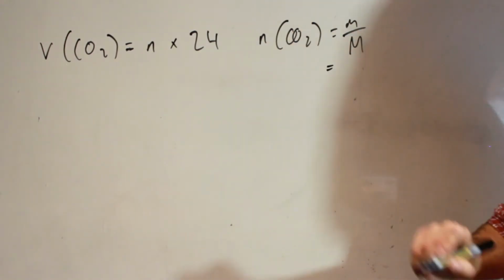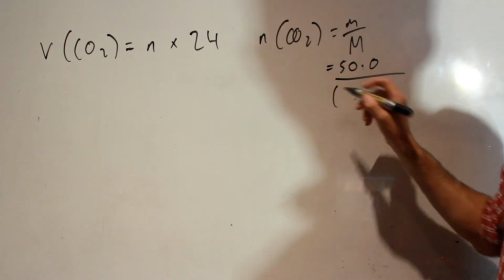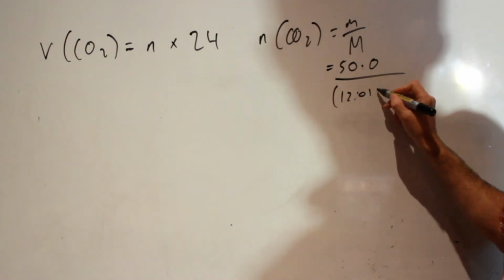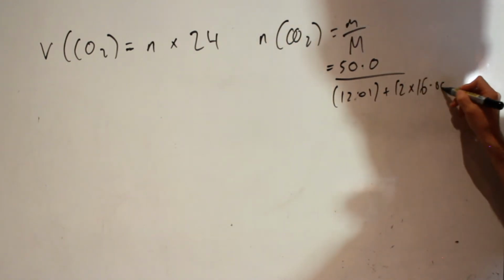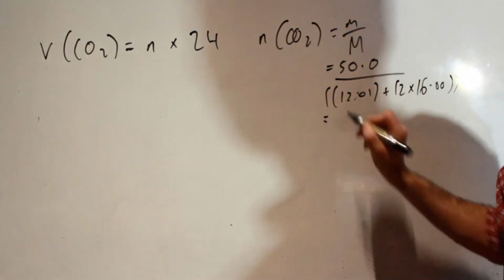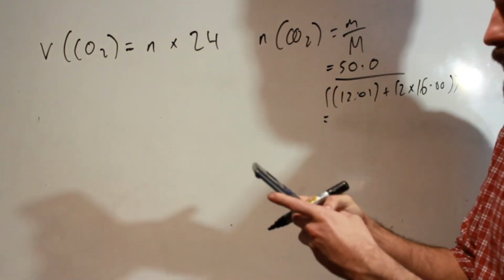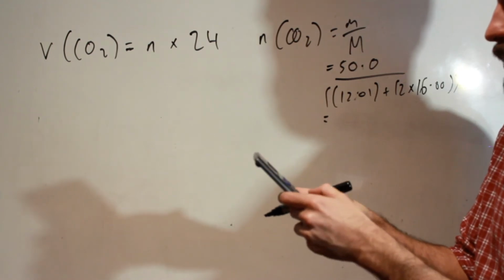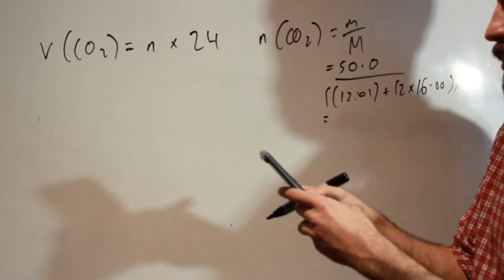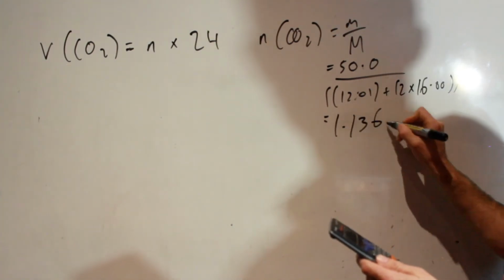So the mass we were given was 50.0 grams. Divide that by the molar mass, getting those values off of the periodic table. 2 lots of oxygens because it's carbon dioxide. Plugging all that into our calculator, 12.01 plus 2 times 16, we get an answer of 1.136 mole.